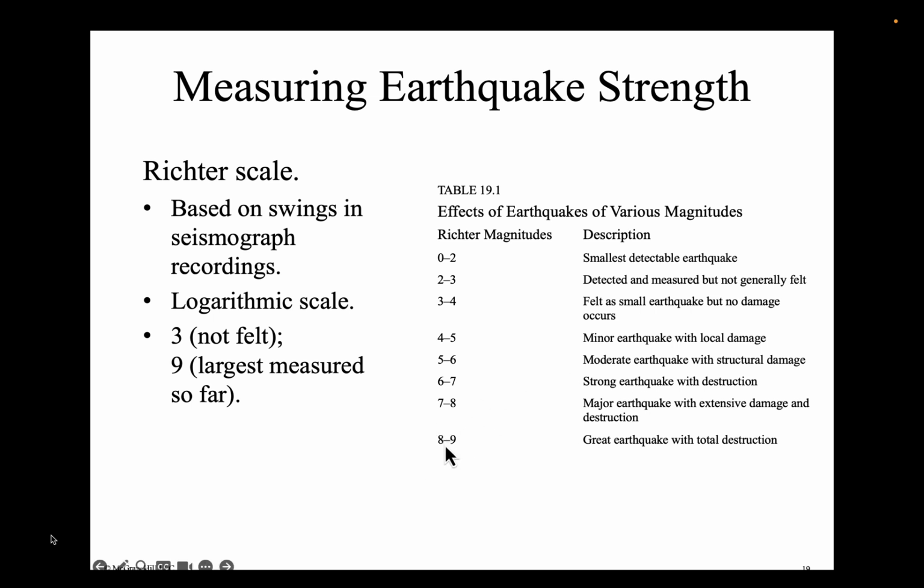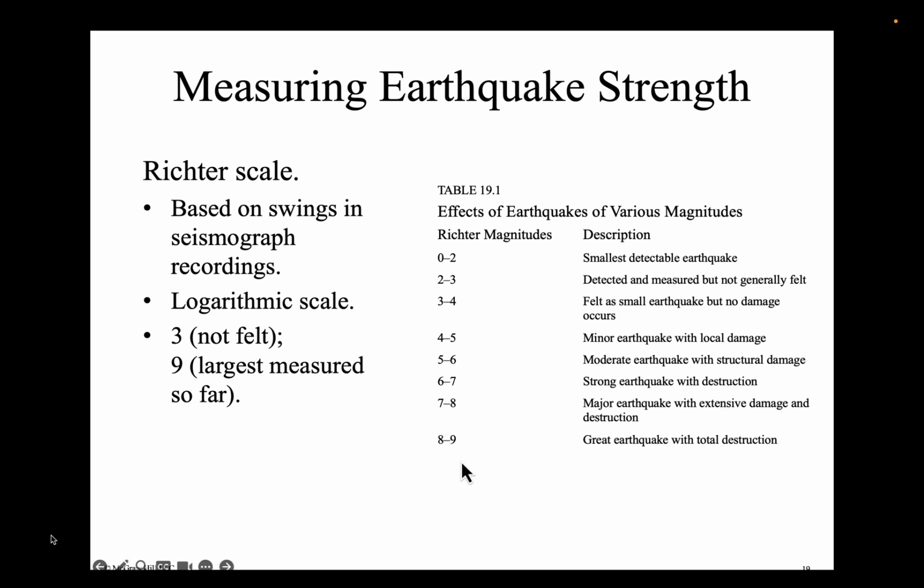The 9 is the strongest earthquake that we ever recorded. I think it was 9.2, if I'm not mistaken, the most recent. But there is no upper limit because it's a logarithmic scale, so you can keep increasing that if we ever record something that is greater than this 9.